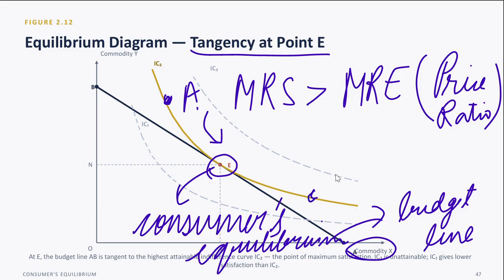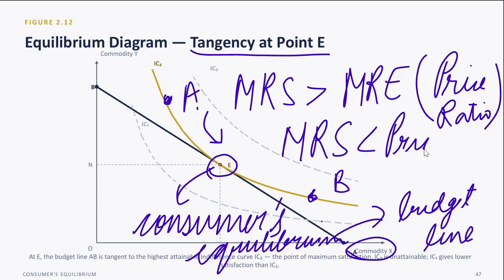And on this point here, the MRS is less than the price ratio. So the consumer will decrease the consumption of commodity X until his MRS increases and reaches the point of equilibrium. So I hope this is clear.